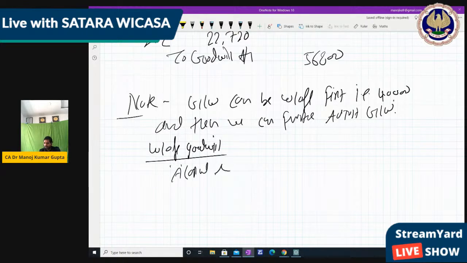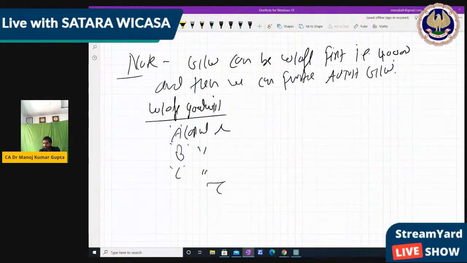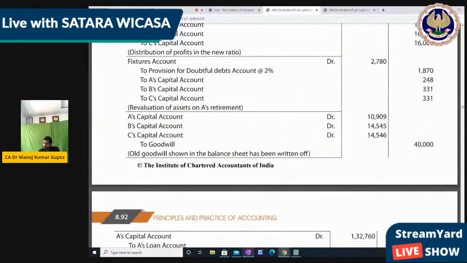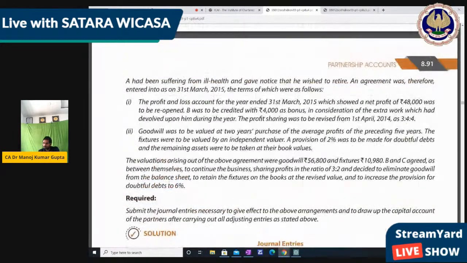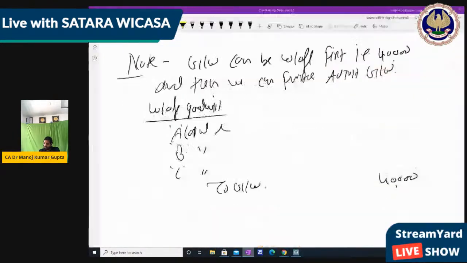So we write A capital account debit, B capital account debit, C capital account debit to goodwill 40,000, right? So 40,000 divided by what ratio, the new ratio? Three, four, four. 344.